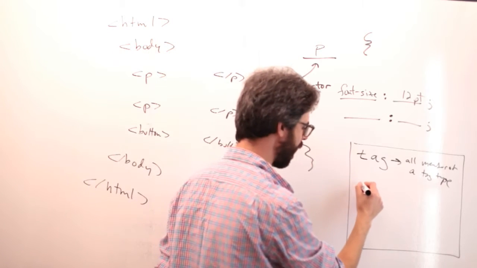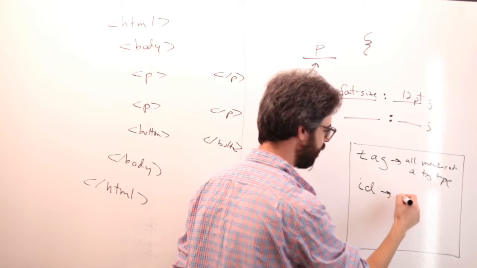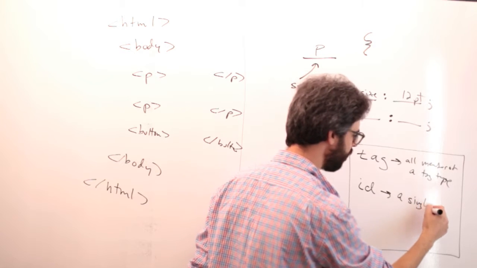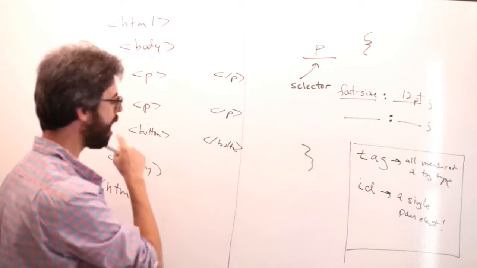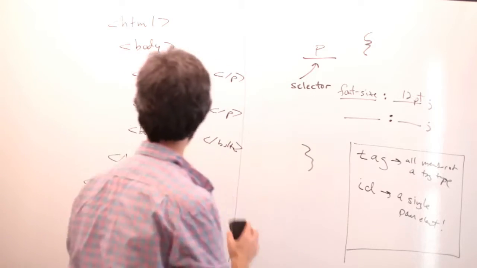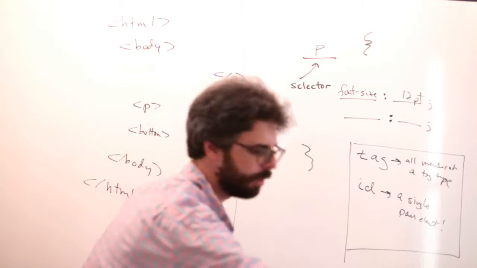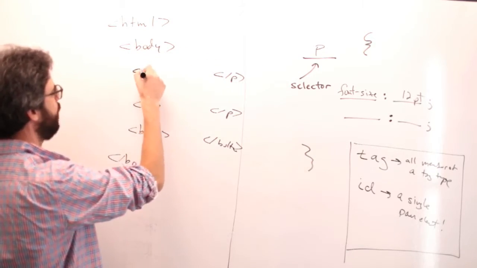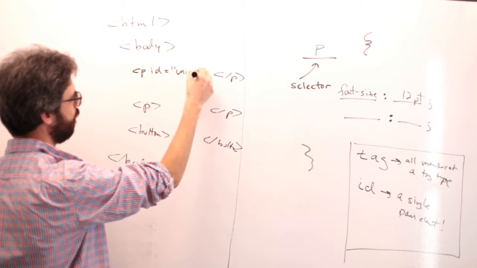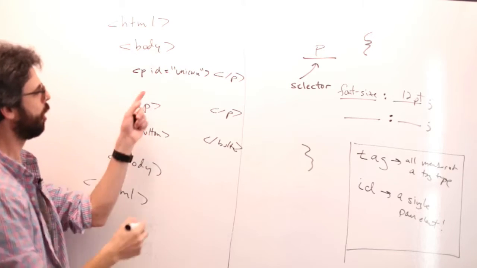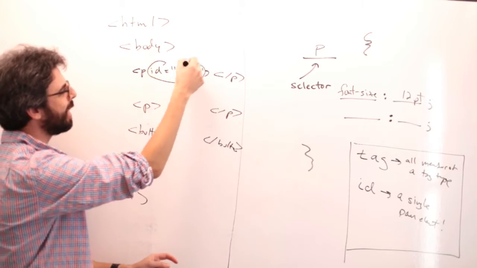Now there's a new kind called an ID, which is a single DOM element. So you can give a DOM element an ID as follows. P ID equals unicorn. So this is called an attribute.